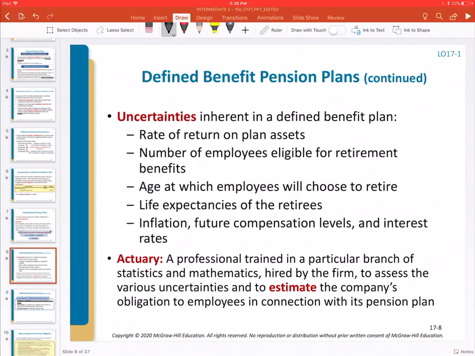What is that liability? There are going to be a lot of uncertainties and estimations or guesses that we're going to have to make when we start to think about these things.